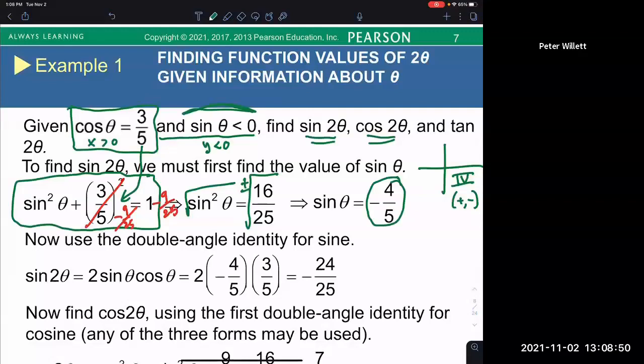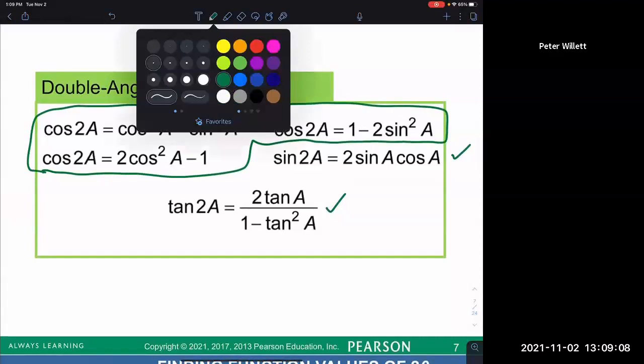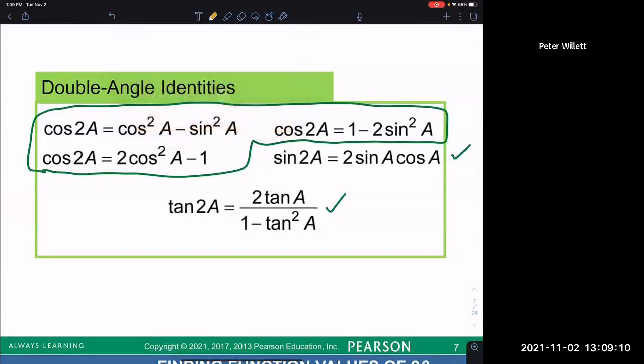Now, why are we doing this when we want the value for sine 2 theta, cosine 2 theta, these kinds of things? Well, the truth is, to find cosine 2 theta, we could have done that just with cosine. We could have used this one here and just plugged in the cosine value to get cosine of 2a.